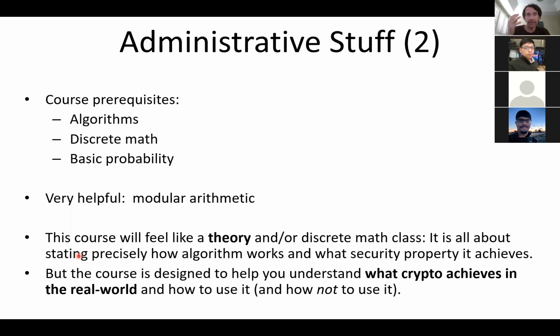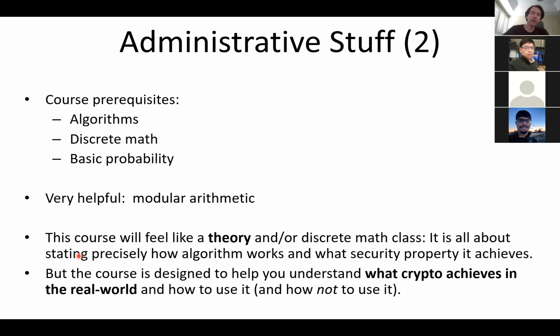It's the property that the attacker cannot do something, or that whatever it does, there is a low probability that he succeeds. All of it is basically like discrete math and algorithms.